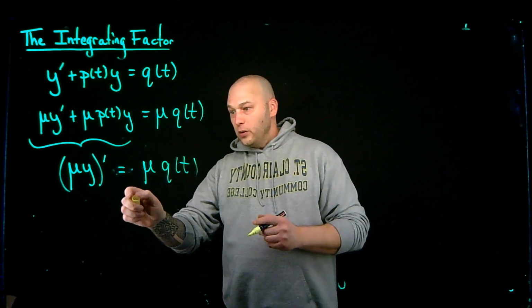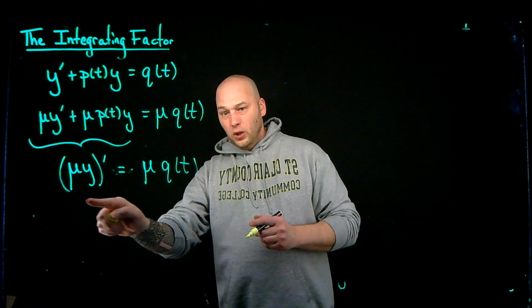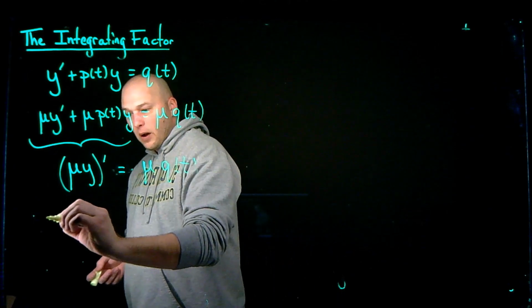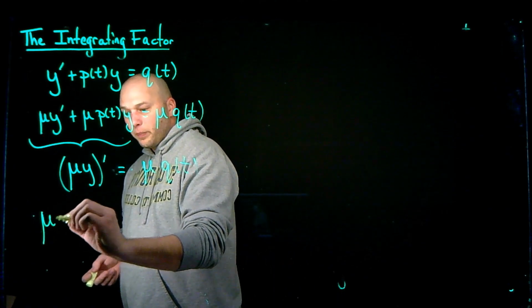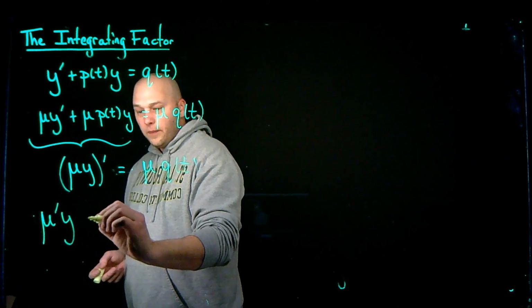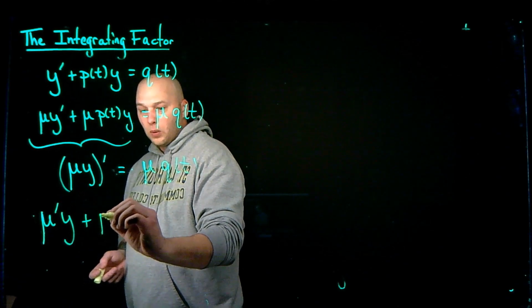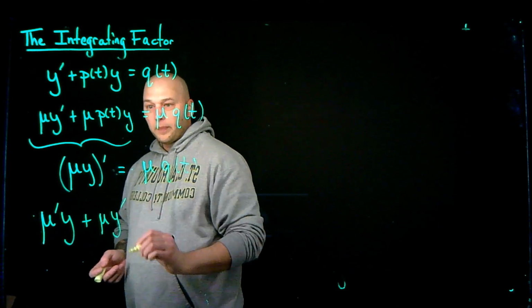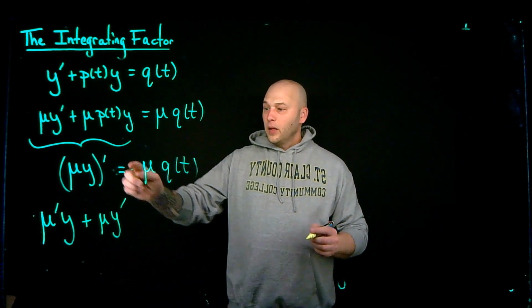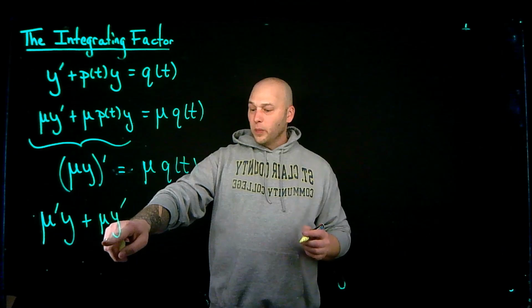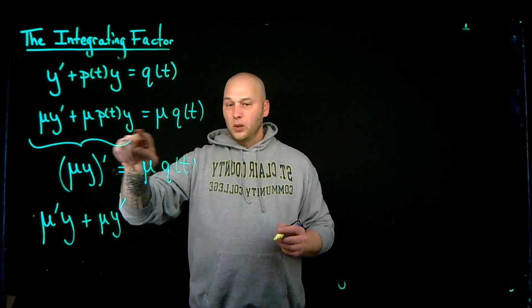Well, if I use the product rule on these two terms here, let's just expand that. That will be mu prime y plus mu y prime. Now, that means that those two terms would have to be the same as those two terms, right?